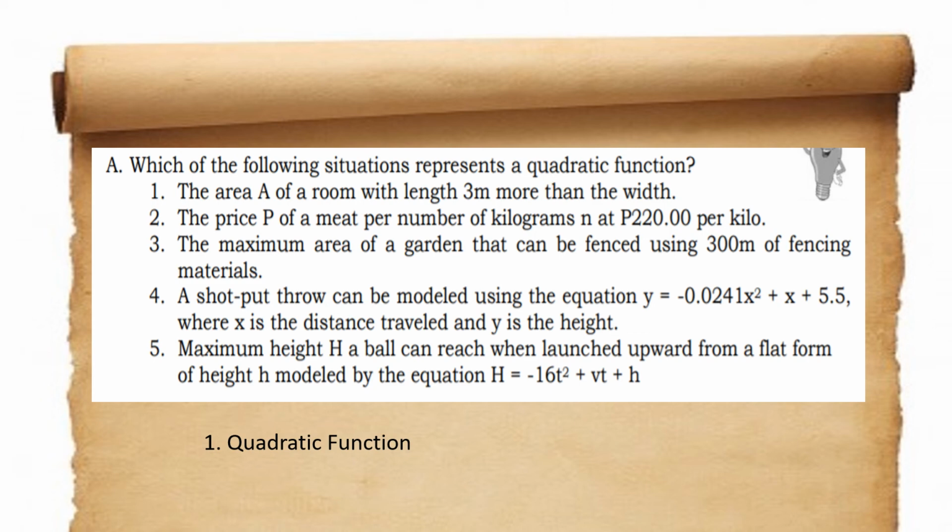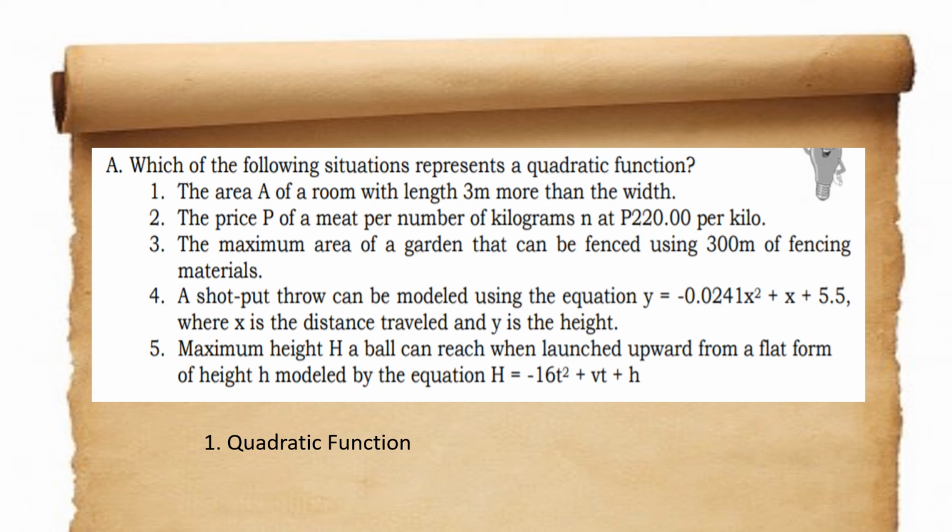Number 2, the price P of a meat per number of kilograms N at 220 per kilo. So, ibig sabihin dito, pwede tayo maka-form ng equation dito. So, P is equal to 220 N, where N is the number of kilos. So, kung 2 kilo ang binili mo, 220 times 2. So, you have 440 ang babayaran mong price.